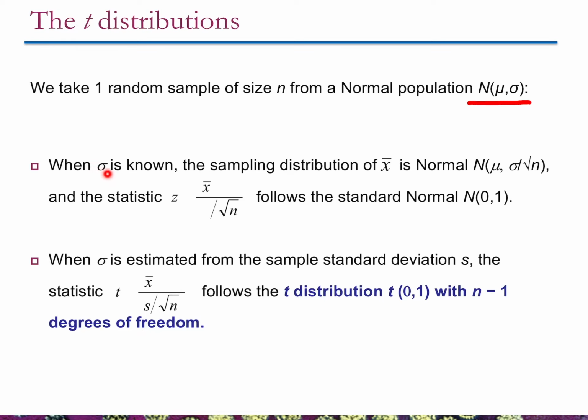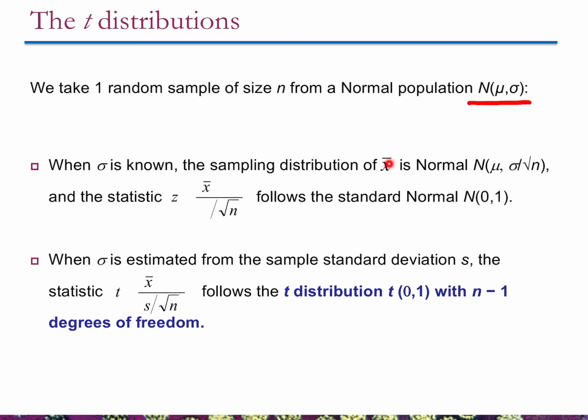So remember that when we know what sigma is, when the population standard deviation is known, the sampling distribution of the sample mean is normal. And it should have the same mean as the population, but it will have a standard deviation defined as the population standard deviation divided by the square root of the sample size.